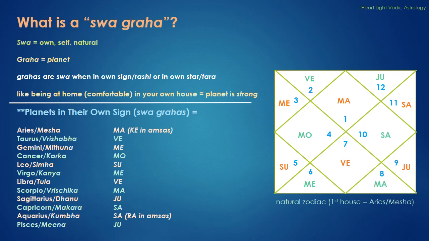Now, also as a reminder, Ketu is considered to also be an owner or ruler of Aries, but I typically only use that when we look at the amshas or subzodiacs. Also, in parentheses, you see down at Aquarius, Saturn is the ruling planet for Aquarius or Kumbh, but Rahu is also used as an owner or ruler of Aquarius, again when we're looking at the amshas.